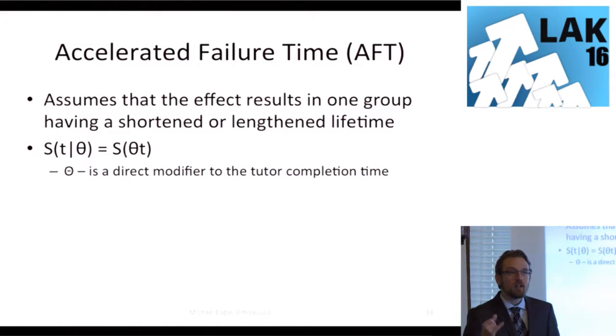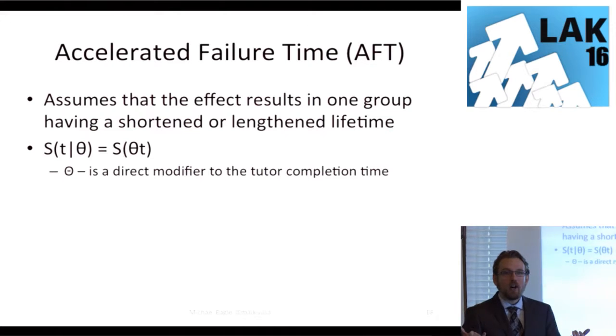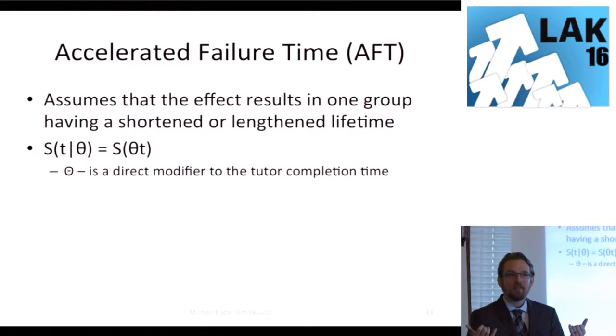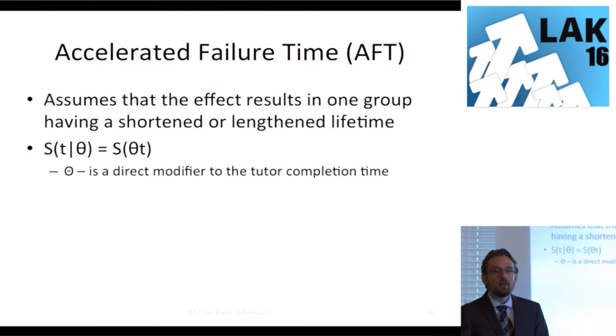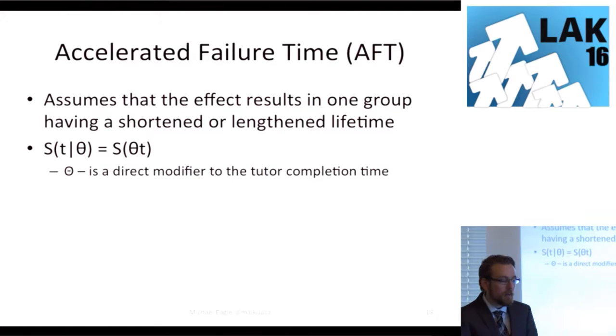A really good example is you have humans and you have dogs, and there's a certain amount of time that they have for a life. The direct modifier would be 7, and you would say that a human is expected to live 7 times longer than a dog, or something like that.